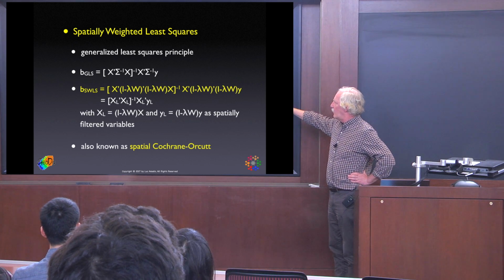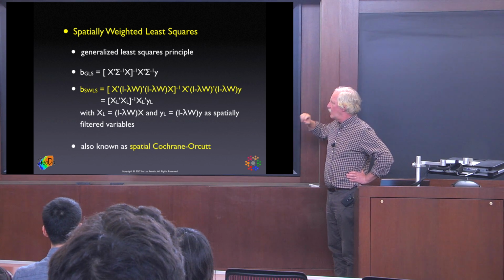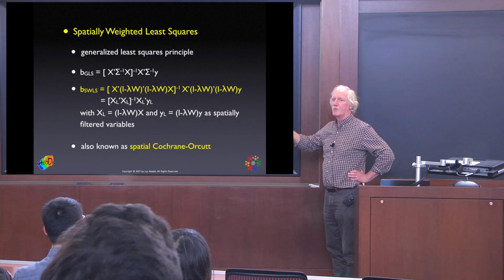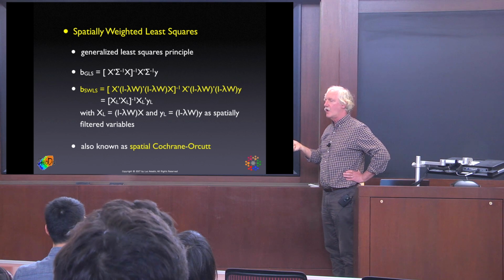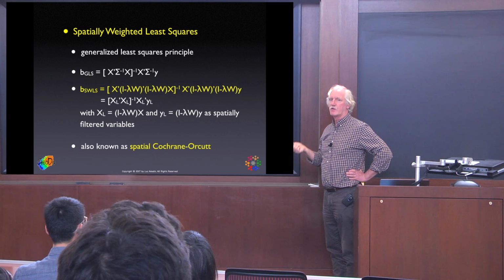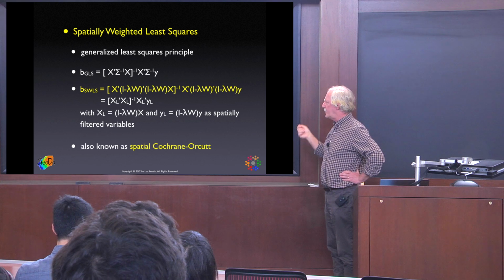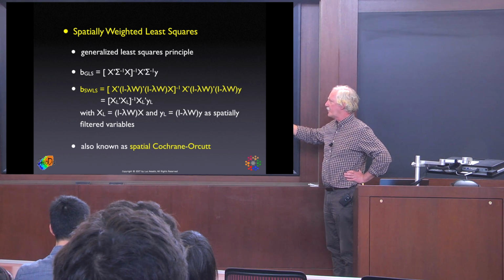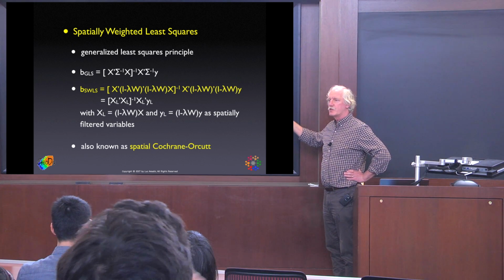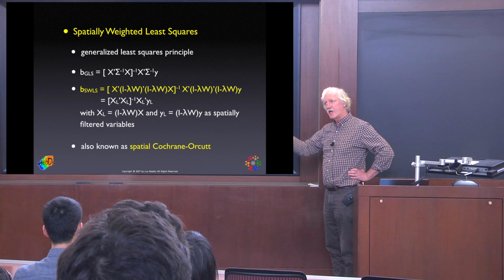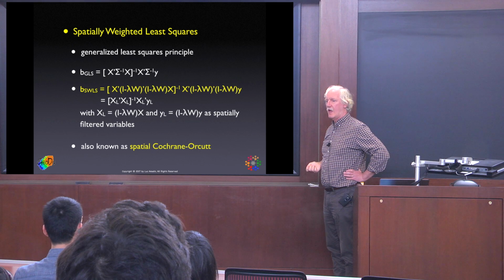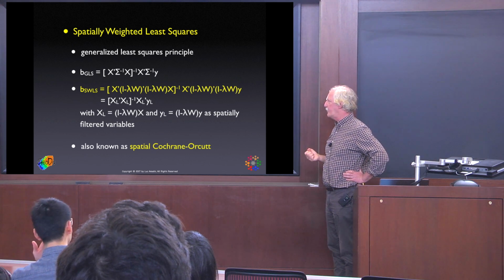And then one way to think about this is, what if we knew lambda? We could construct a new variable, which is called a spatially filtered variable, in that you take the original variable and you subtract the spatial lag, which is the average of the neighboring values, scaled by this parameter lambda. That's called a spatial filter.